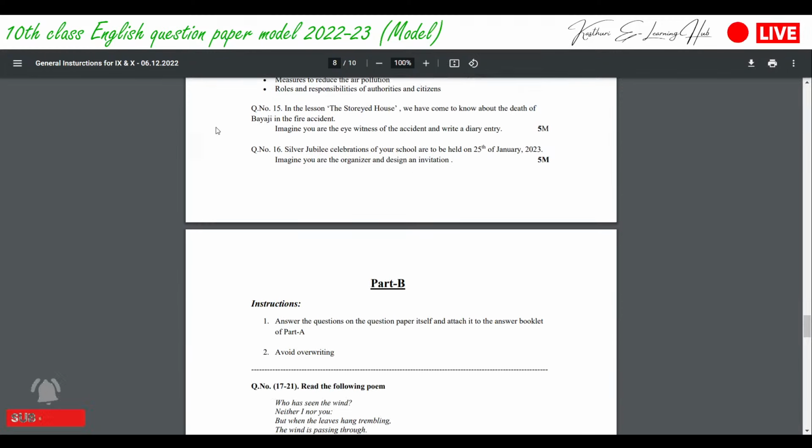Now here you have question number 15. In the lesson The Storied House, we have come to know about the death of Bayaji in the fire accident. Imagine you are the eyewitness of the accident and write a diary entry. This is group A, minor discourse, from the textbook. Start this also in a fresh page.